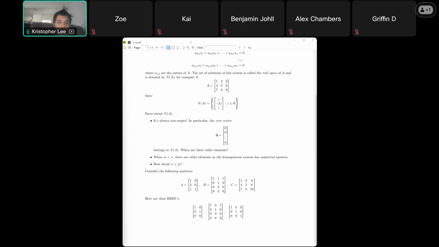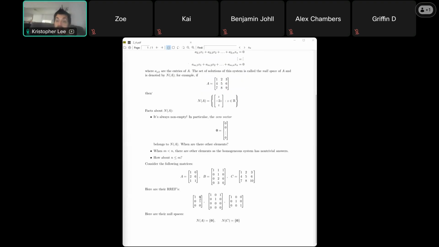Matrix A and matrix C are pretty easy to compute null spaces for because, in matrix A, every column is a pivot column. As we know, if you're dealing with a homogeneous system and every column is a pivot column, then all of the variables have to equal 0, because that's what the right-hand side is.